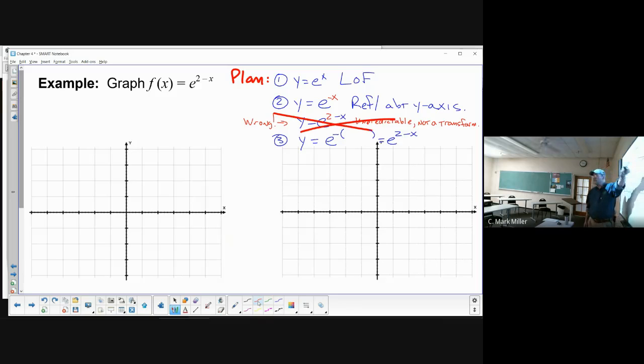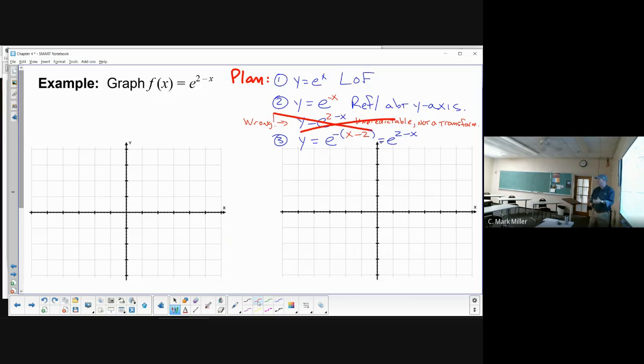What do I need to substitute in this blank space to get 2 minus x? It's going to be the negative of x minus 2. All right?